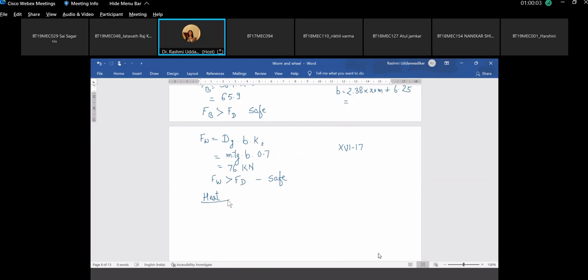From the heat generation point of view, depending upon the dimensions that we have selected, we have to find out the permissible rated power from the formula which we discussed in the last two classes: 3650 times center distance raised to 1.7 upon velocity ratio plus 5.